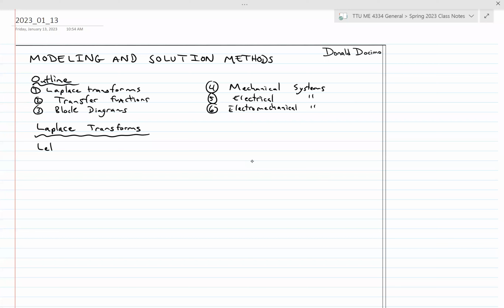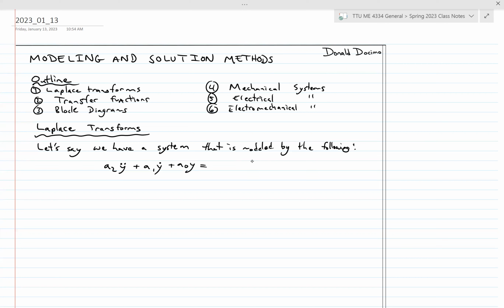So let's say we have a system that is modeled by the following equation: A2 y double dot, where the dot is for a derivative with respect to time, plus A1 y dot plus A0 y is equal to B0 times U. So in here, U is an input, probably a control input.